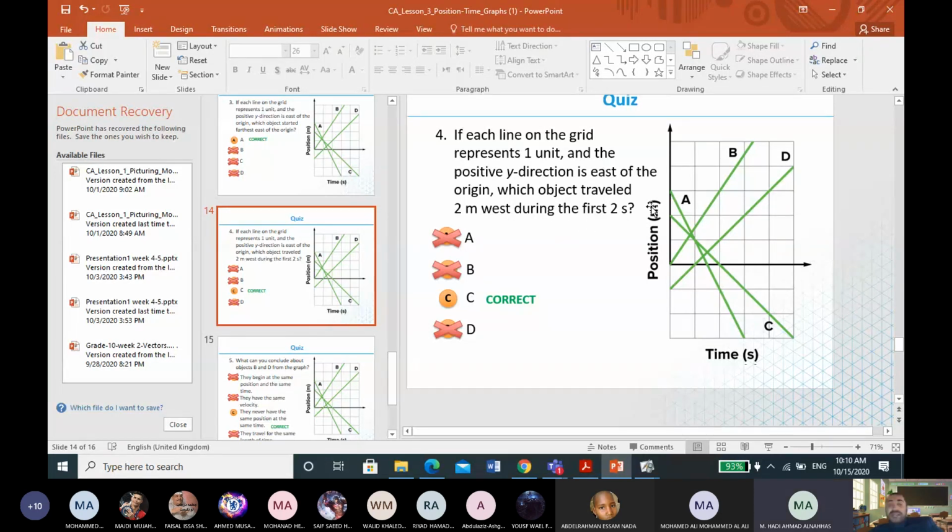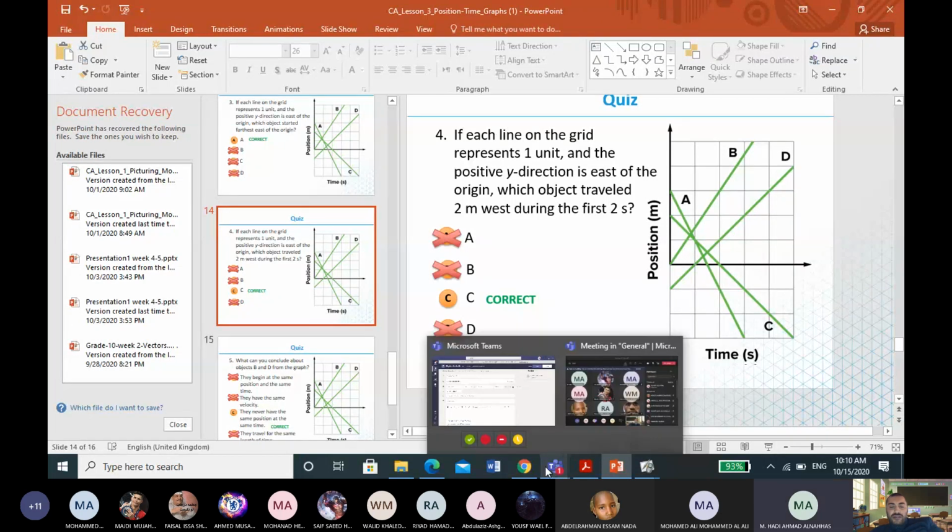So 2 meters west. You see it's C here, but why? I want you to explain it to me, please. So 2 meters west. Sorry, 2 meters east.